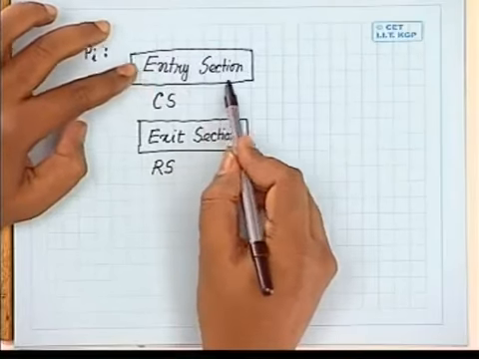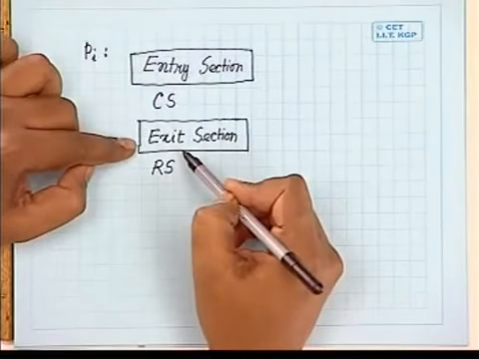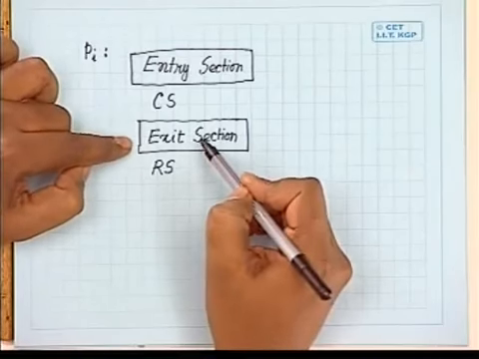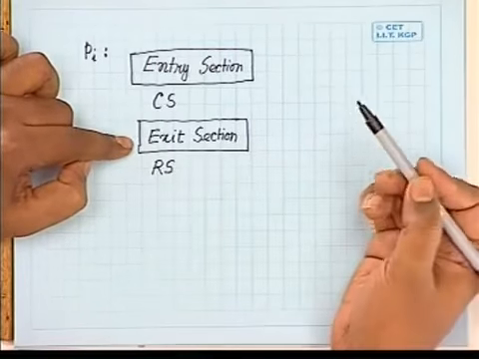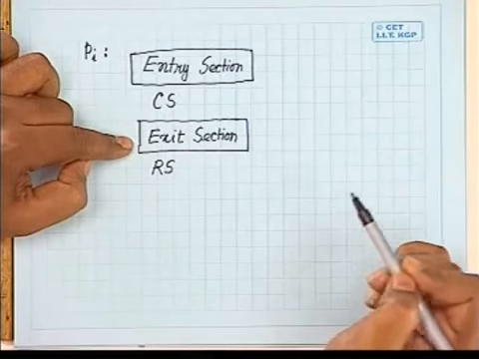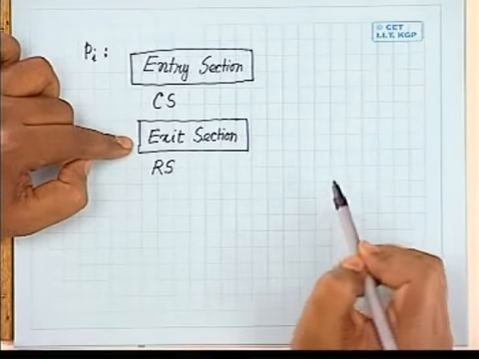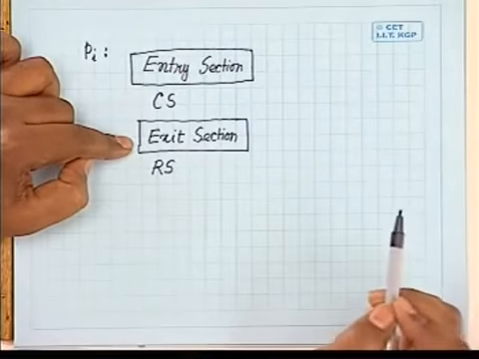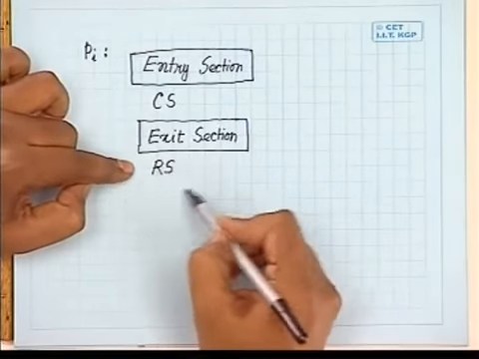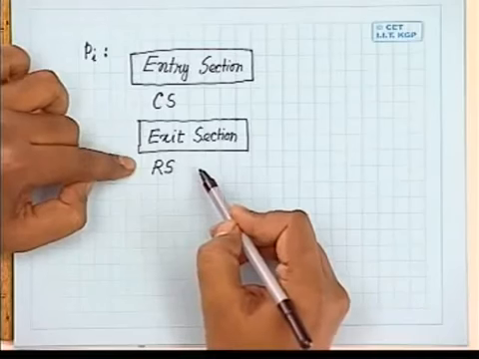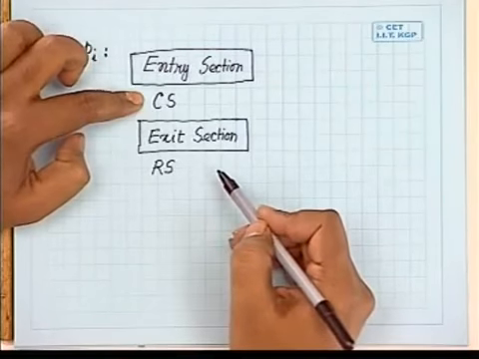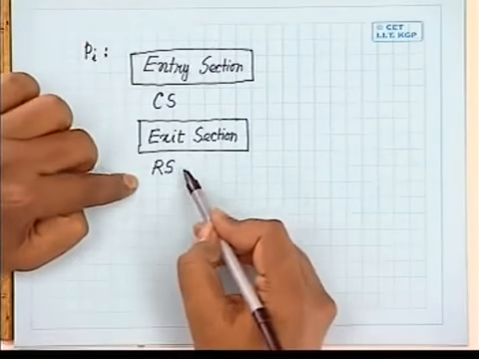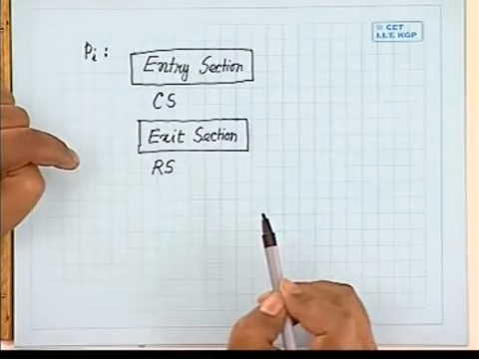Whatever locking you have done in the entry section must be undone in the exit section, so that other processes willing to enter the same critical section can get access. Because if it is not undone, then no other process will be able to enter the critical section. And the part of the code which is neither part of the critical section, nor of the entry section, nor of the exit section, is called a remainder section.